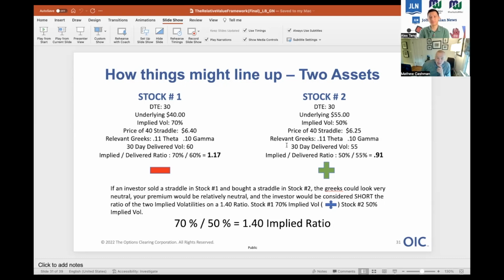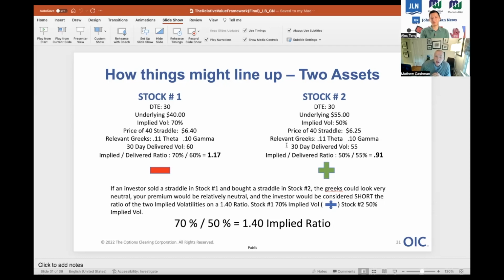As opposed to stock two, where the 30-day delivered vol is a 55 and the implied vol is a 50. If you do the same math on stock two, implied divided by delivered, you're going to get a completely different number, right? It's 0.91, which means that the implied vol is 91% of the delivered vol.